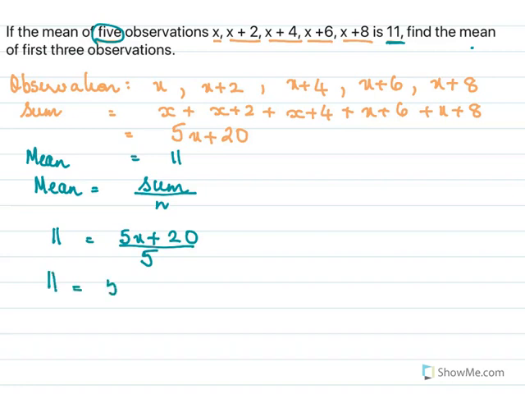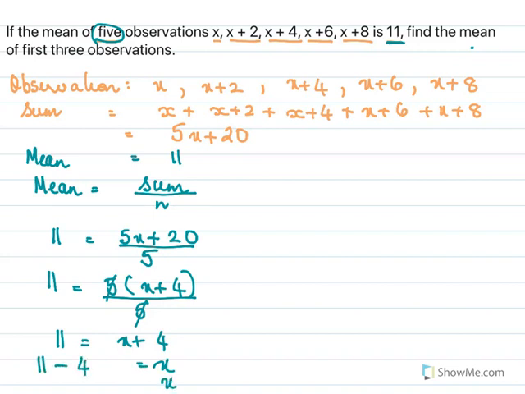So 11 equal to 5, common out, x plus 4 over 5, this cancels. 11 equal to x plus 4, so x equal to 11 minus 4, so your x equal to 7.